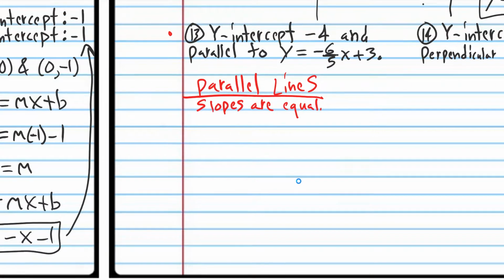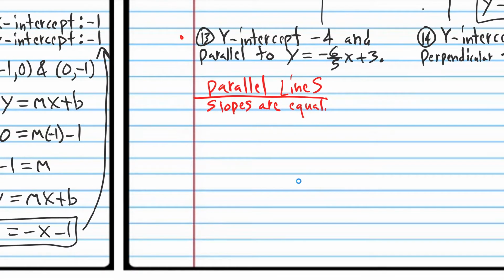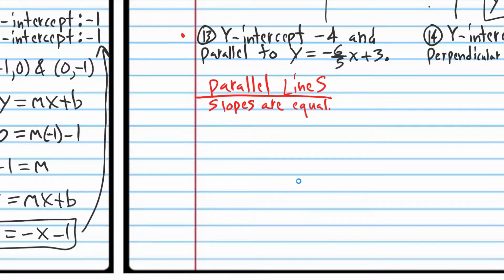All right, so the y-intercept is -4, and the slope of this line, you see this is in slope-intercept form, so we can see the slope of this line is -6/5. But because our line is parallel to this line, our line has to have the same slope. So our line has a slope of -6/5 too.